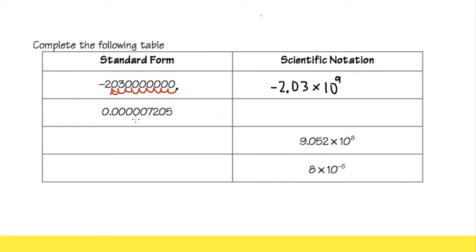If you start off with a decimal number, remember a decimal number like this is a very small number, right? So the exponent here is going to be negative, and we just have to count. This is the decimal point right now. We'll just move. Let's see, 1, 2, 3, 4, 5, 6, and then we'll stop right here, because now I'm looking at this as 7.205, and of course this is in between 1 and 10, so we are good.